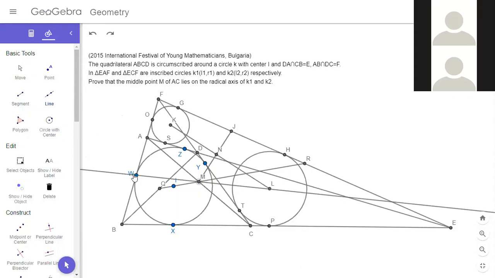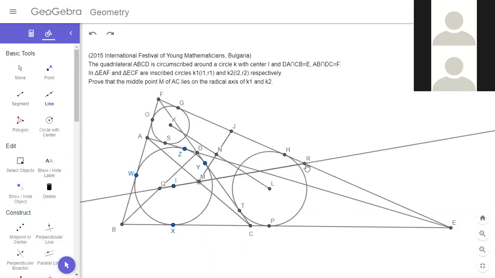No way. Yeah. So yeah, can we somehow use power of a point or something?